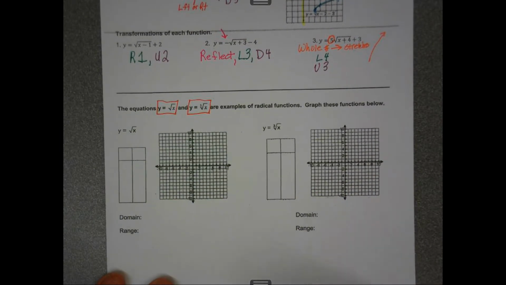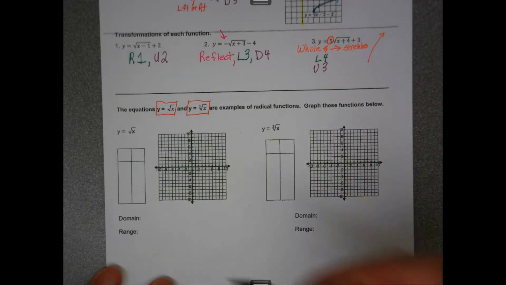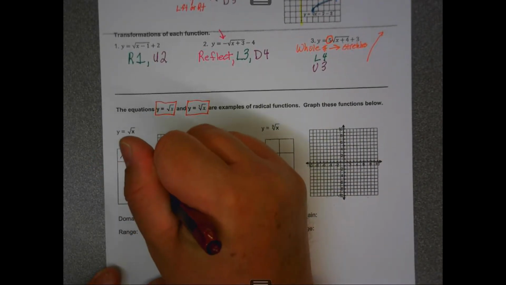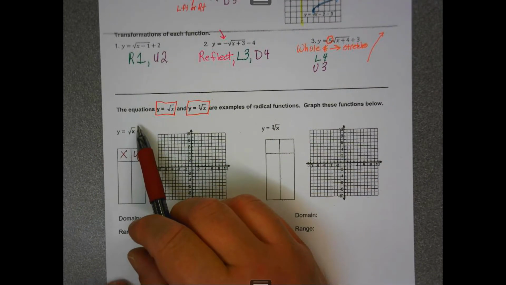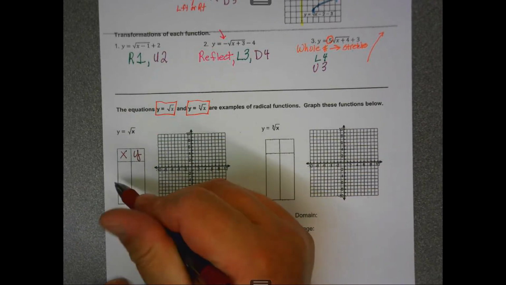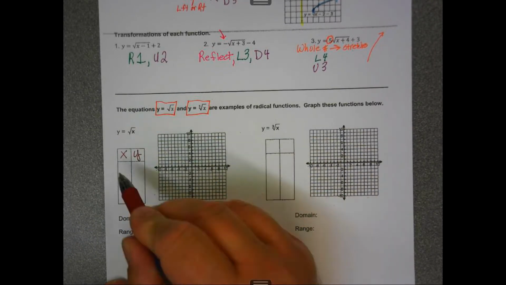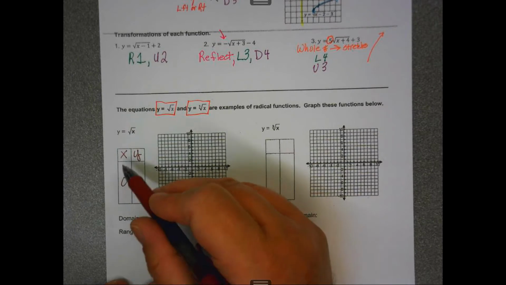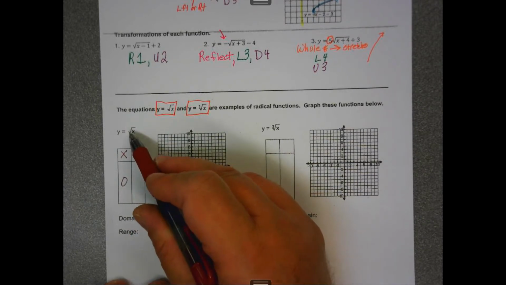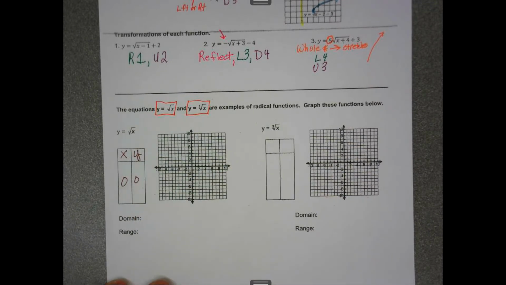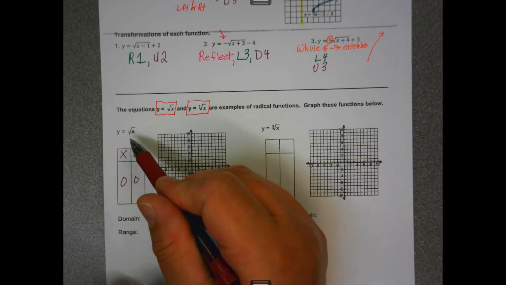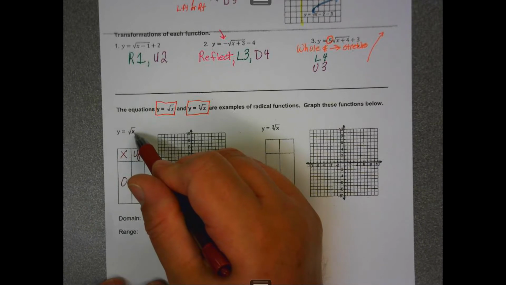All right, so I'm going to get some numbers here. I have my x and my y, and because we're taking the square root, I'm going to take perfect squares. So 0, and again, you always choose the x. If I choose 0 for x, square root of 0 is 0. Now if I use 2 here, no, not going to use 2, it's not a perfect square. I'm going to use 1.